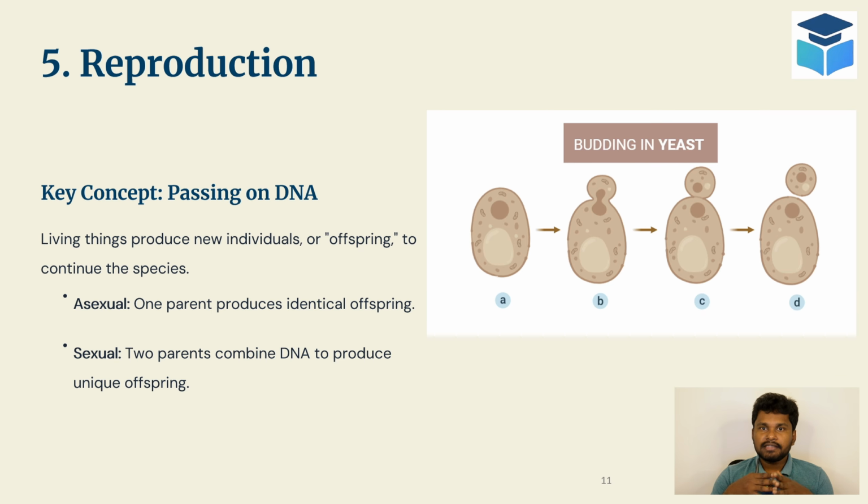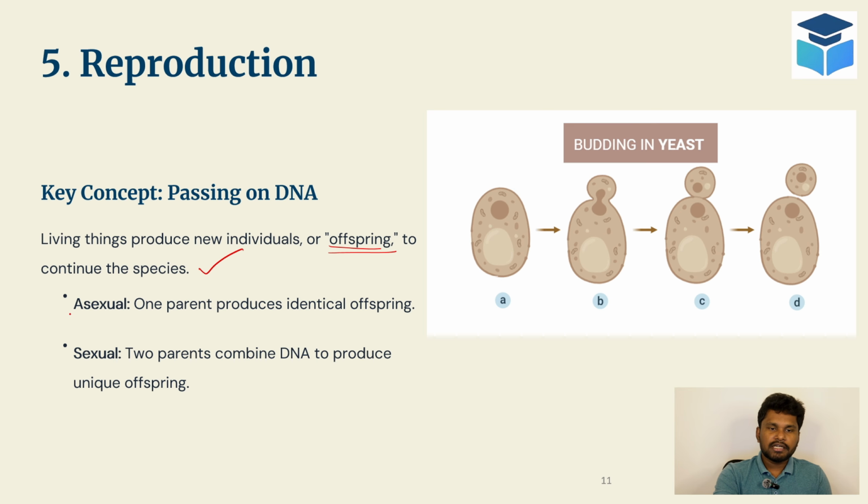So that is the reason why, if you observe, the population of any species will try to grow drastically. Okay? And this process of reproduction is meant for multiplying the number of people in the species. Be it plants, be it animals, be it humans, whatever it is. Okay? Living things produce new individuals or offspring to continue the species.